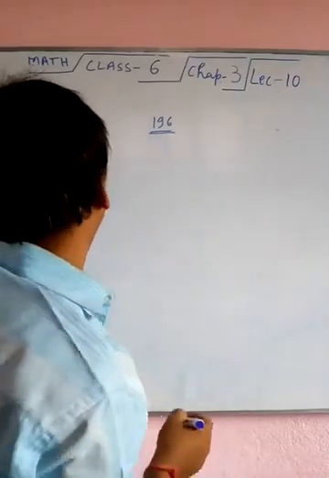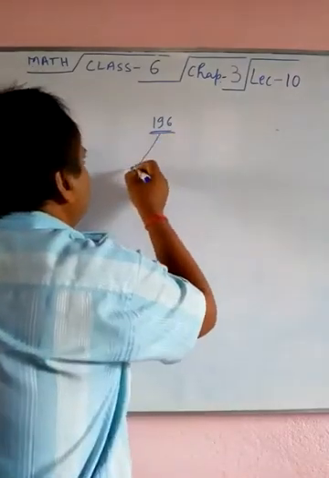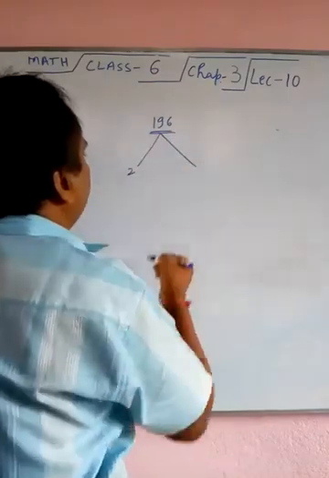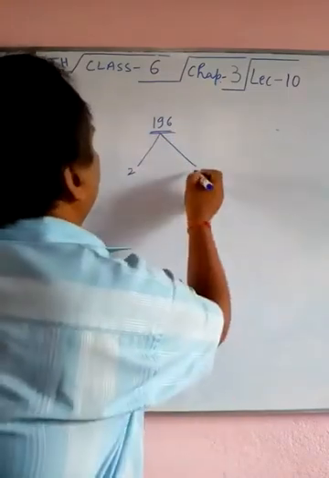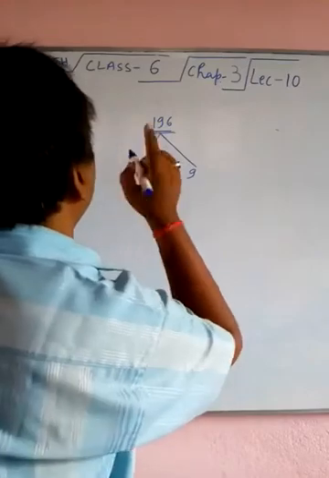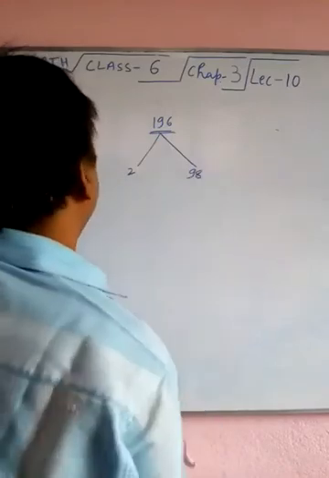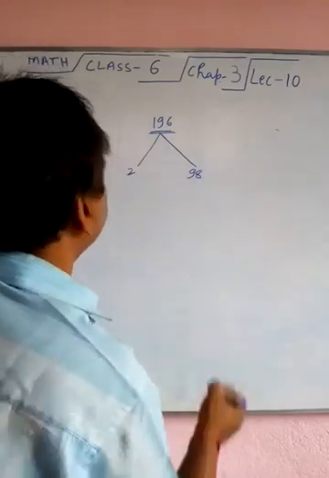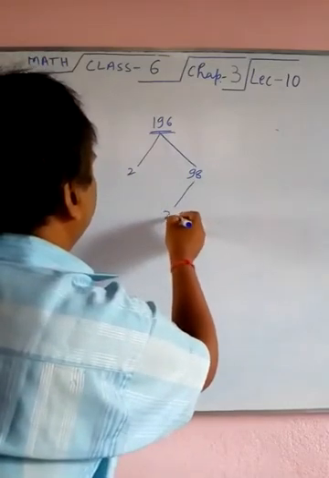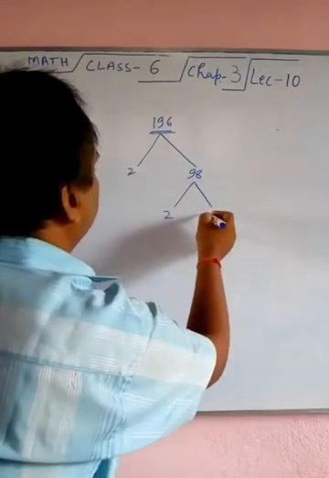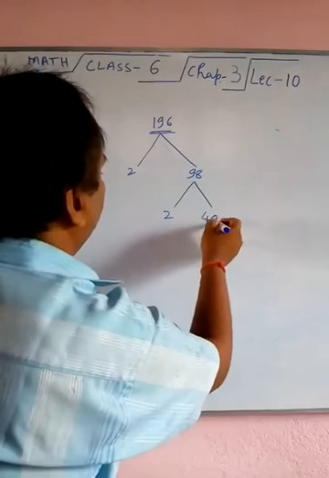So first we will divide by 2. So 2 will be here, and it will be 98. Again we will start from 2, and it will be 2 and 49.